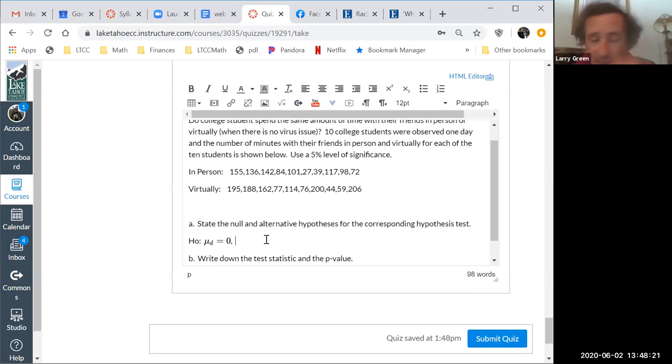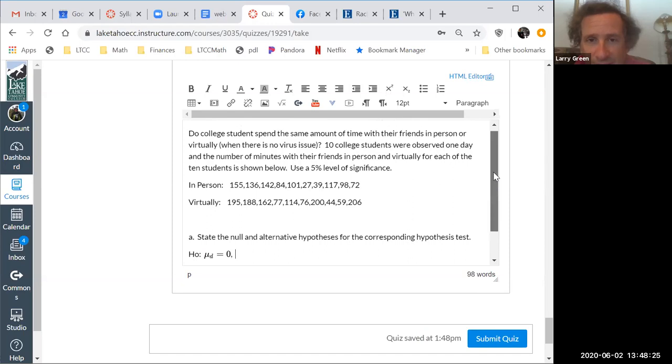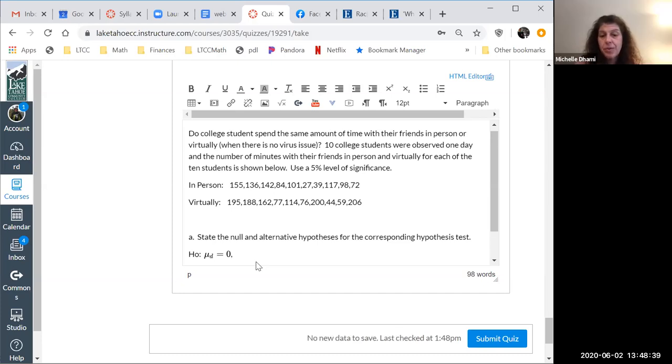Okay, and now we look to see what the question's all about. What is the inequality for H1 on this one? What are the key words? The key words are "spend the same amount," so it's going to be different. Yeah, not equal to, because that's the exact opposite of same.